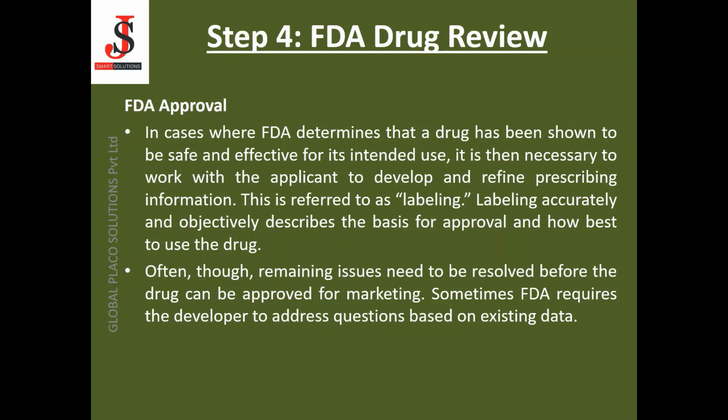Labeling accurately and objectively describes the basis for approval and how best to use the drug. It is like the small leaflet in any drug package. You will see the instructions on how to take it and by what route, before food or after food, orally or IV. So these are all the information which will be available in the labeling.